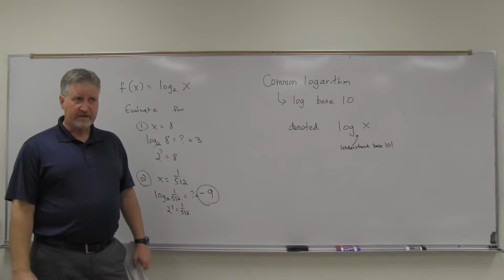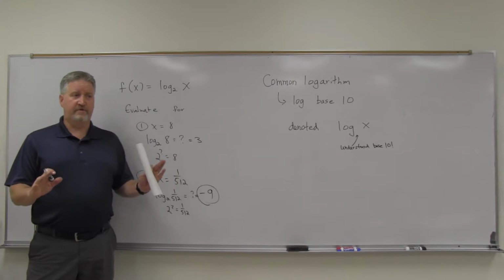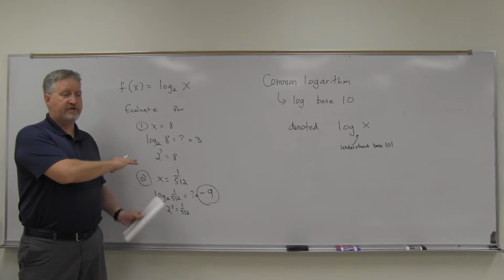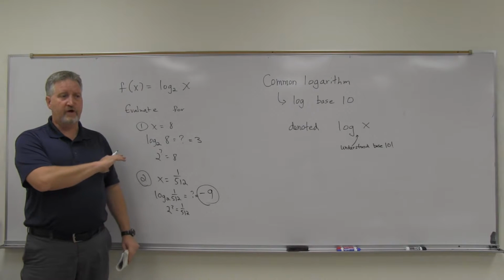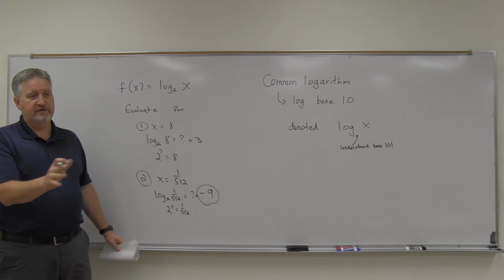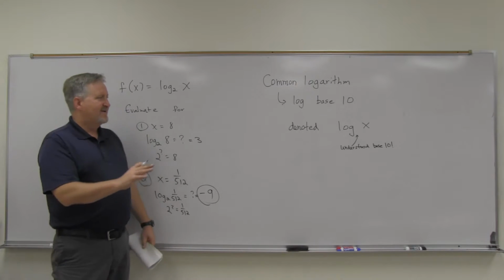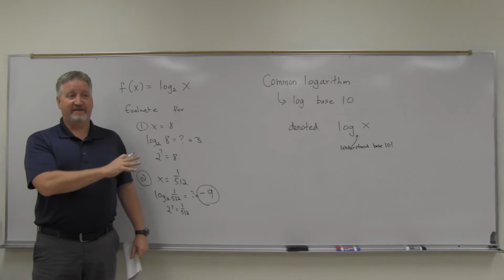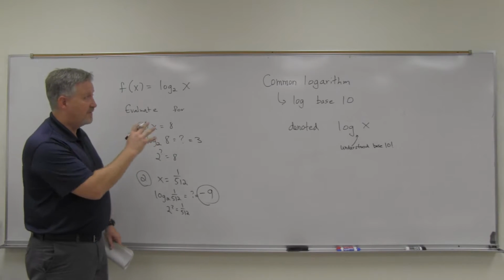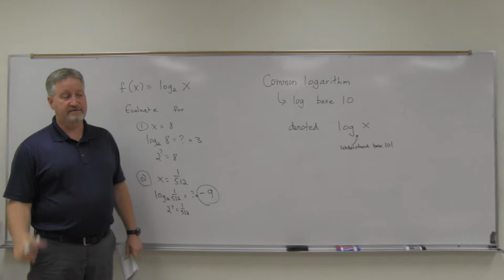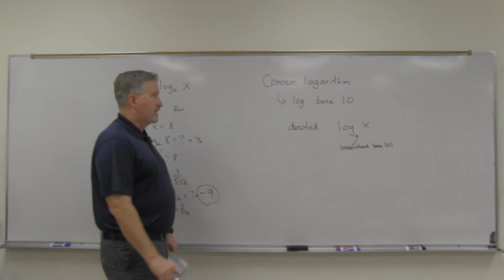Now the nice thing about the common logarithm is, most calculators are not going to have a base 2 logarithm, but some do, but most don't. Most scientific calculators have this common logarithm displayed as one of the functions.